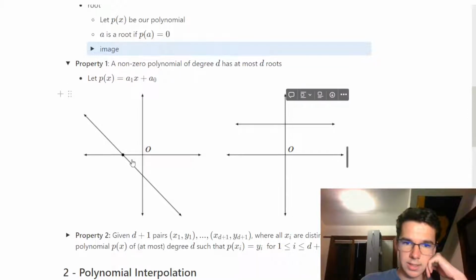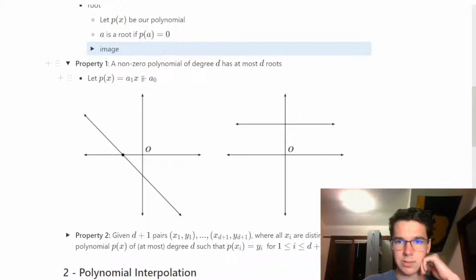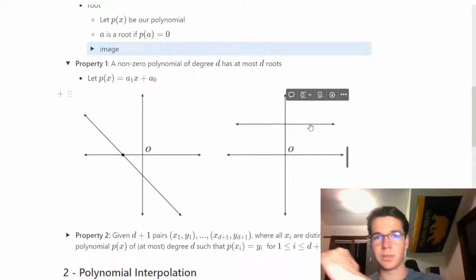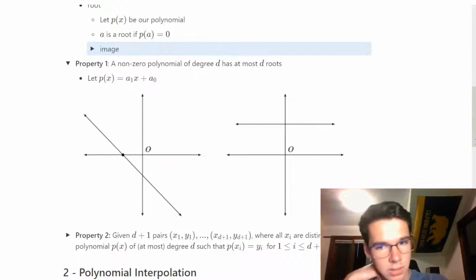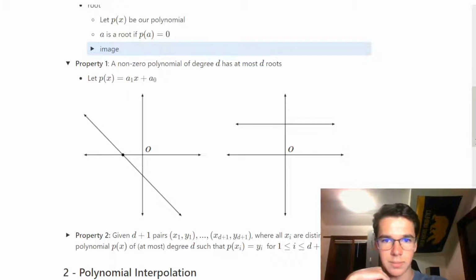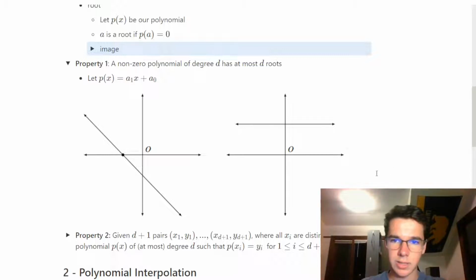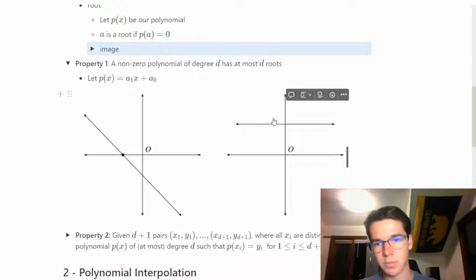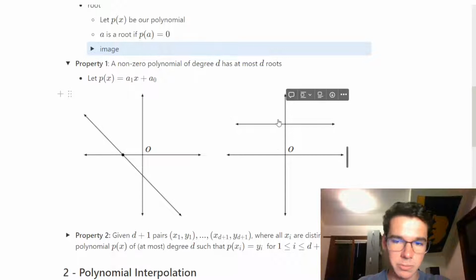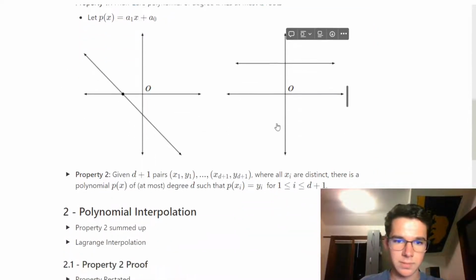We can see that at most it can intercept the x-axis just once. It's also possible that it is just a horizontal line. This technically has degree 0, so that's why it has 0 roots, right? Because this is just like y equals 3, for example.